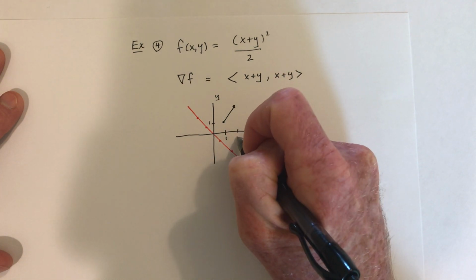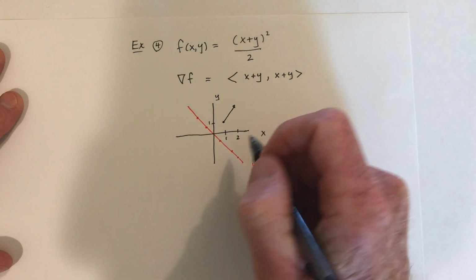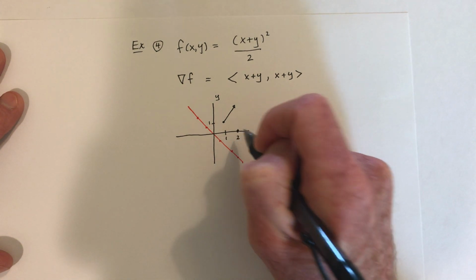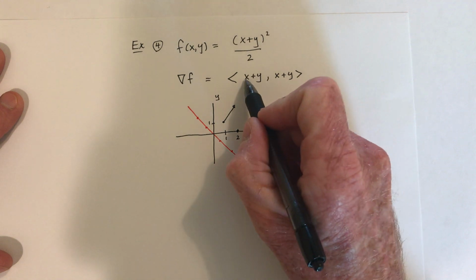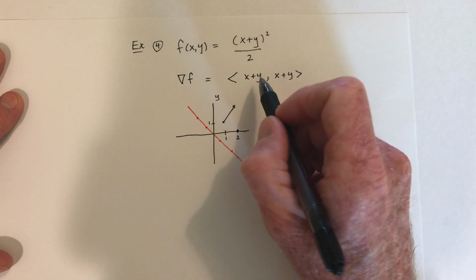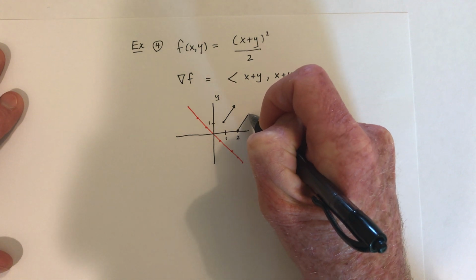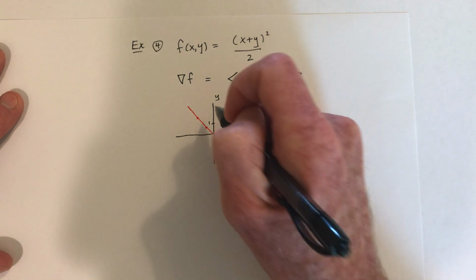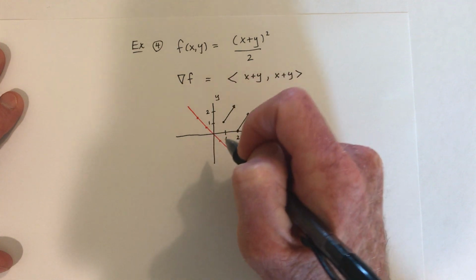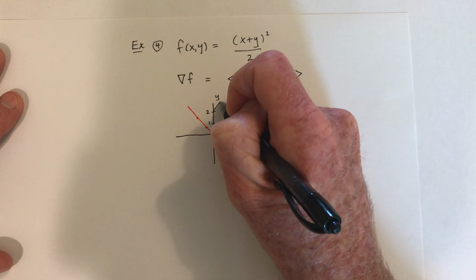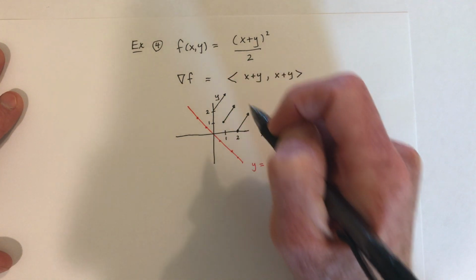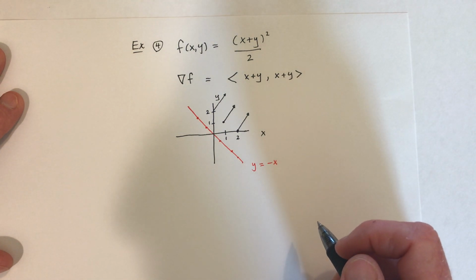And then if you're at 2, comma 0, so if you're at this point right here, then that's the vector 2, 2, which actually is parallel to that one. And if you were at 0, 2, it would create the same vector, parallel, and the same length.